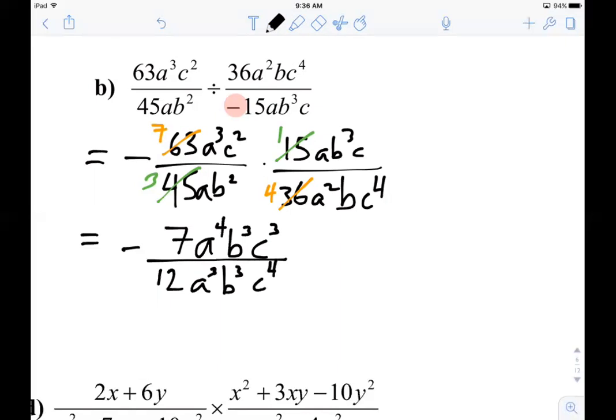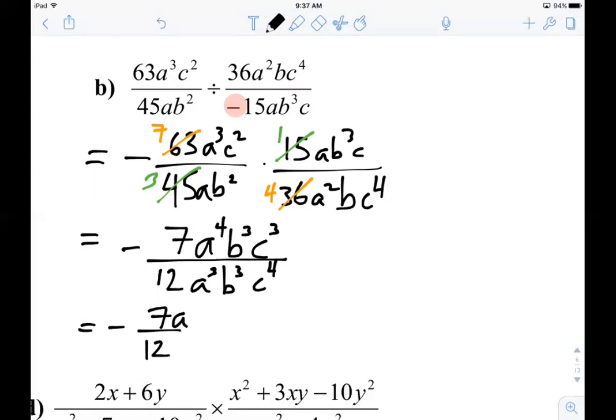And now I need to reduce my variables using exponent laws. I'm going to still have negative 7 over 12, but in terms of a's, I'm going to have 1 leftover power of a on top.